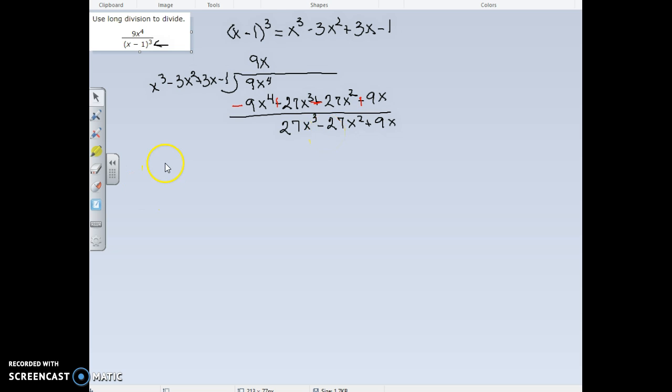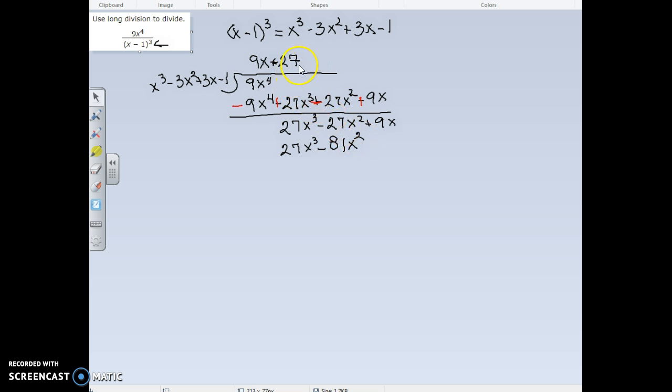What do I need to multiply x cubed by so that I can get 27x cubed? That will be plus 27. Now I need to multiply 27 by each one of these factors, and I am going to write the result right underneath. 27 times x cubed is indeed what I needed, 27x cubed. 27 times negative 3x squared is negative 81x squared.